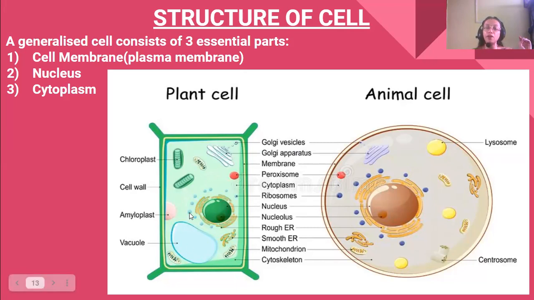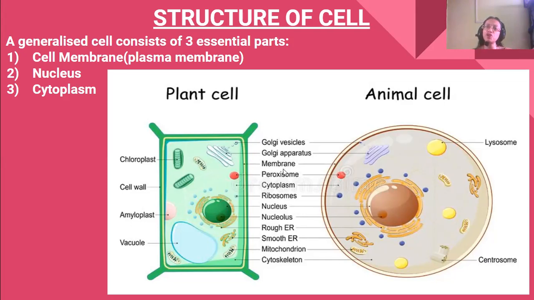Plant cells have amyloplast, animal cells do not. Animal cells have lysosomes, which are generally not present in the plant cell. The centrosome with the centrioles is present only in the animal cell, not in the plant cell.